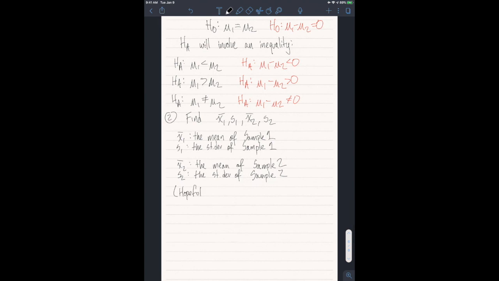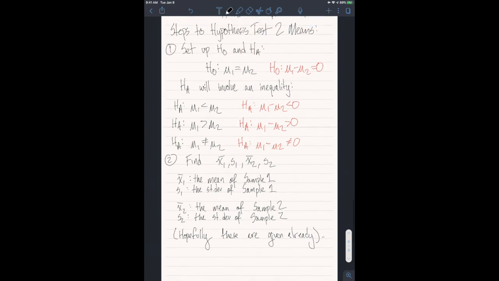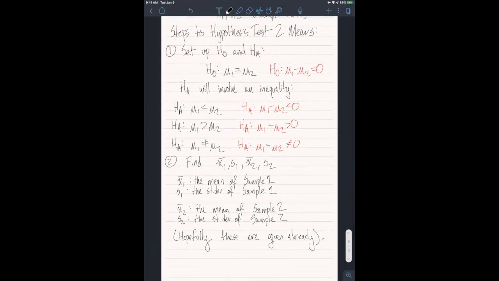Hopefully, these are given already. But I need to make sure I have a step for it just in case they're not. So after you set up the hypotheses, you need to find the statistics themselves. So I could give you data, right? If I provide the data and ask you to calculate the mean, you know how to do that.